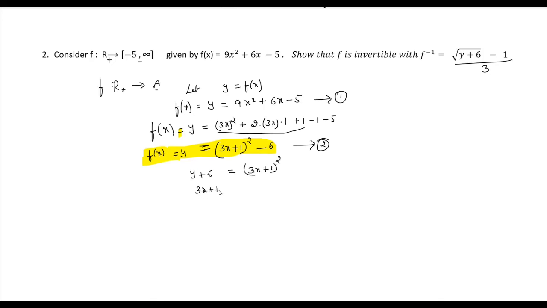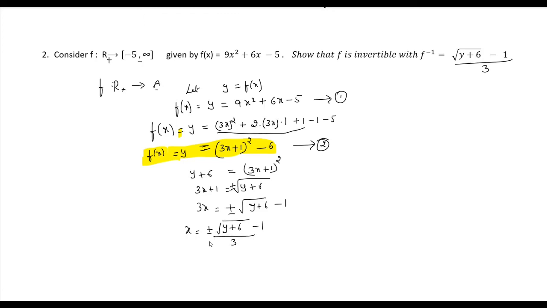So, 3x plus 1 is equal to under the root y plus 6, but this has to be plus or minus. 3x is equal to plus or minus under the root y plus 6, minus 1. x will be (plus or minus under the root y plus 6, minus 1) whole divided by 3.